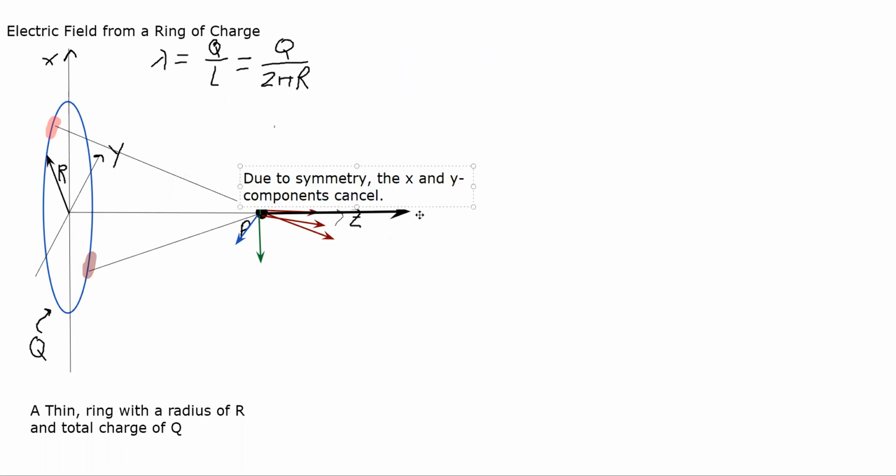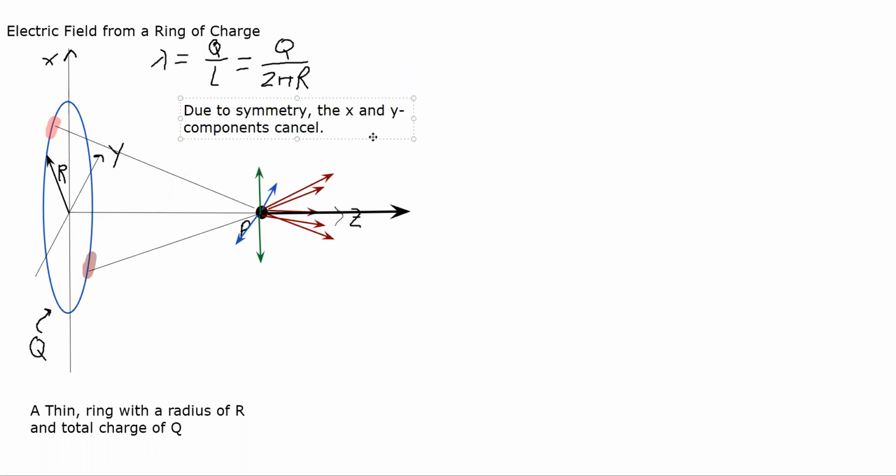Let's put it right there. Okay, so I'm going to focus in on just one of these charges. And since we know the x and y components cancel out, I'm going to erase a lot of this here.